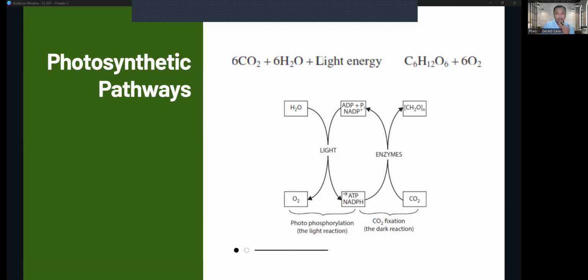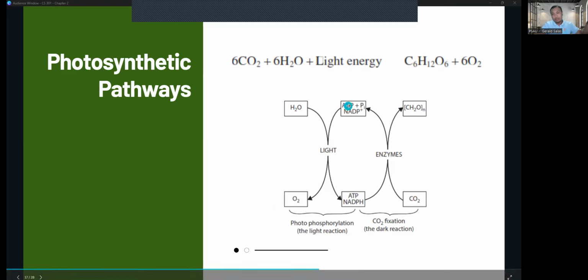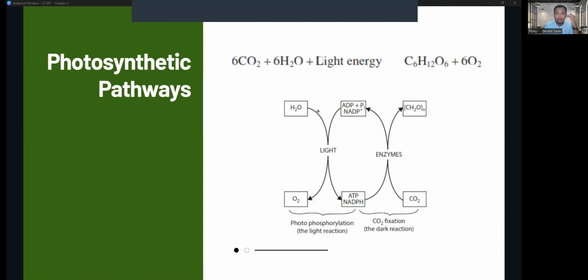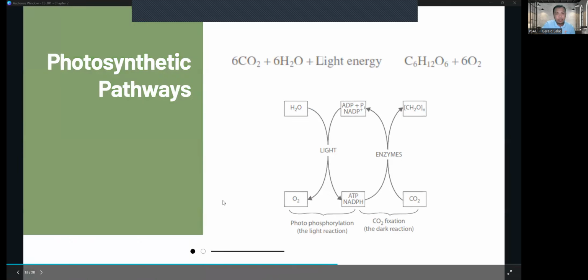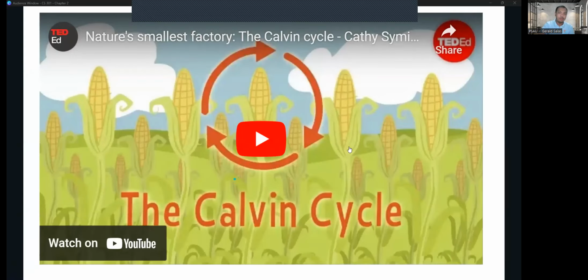The Calvin cycle is this one. But in photosynthesis, we produce the ATP and NADPH. But the carbon needs to be fixed. So it should undergo the Calvin cycle. So I have a video here that I just took from YouTube. Let's watch it together.